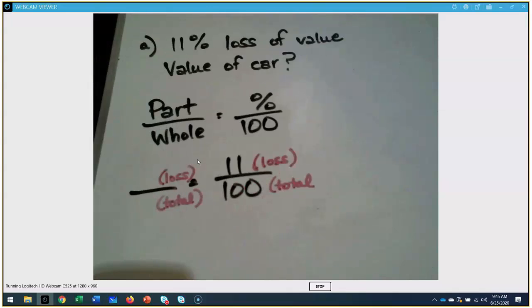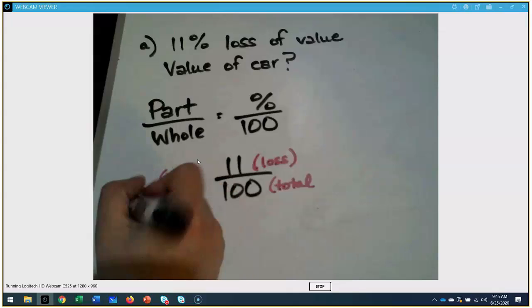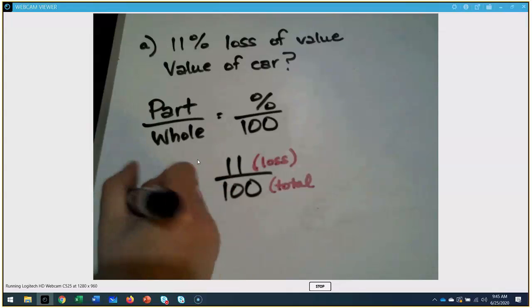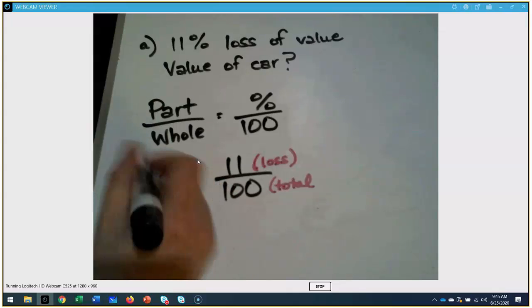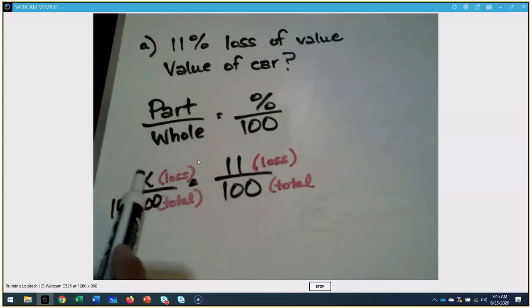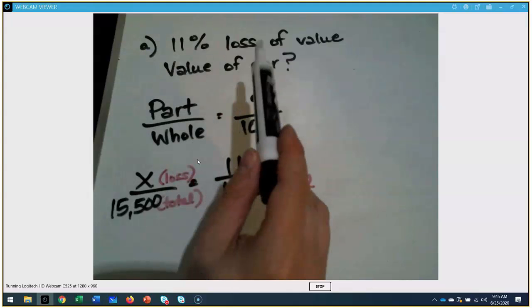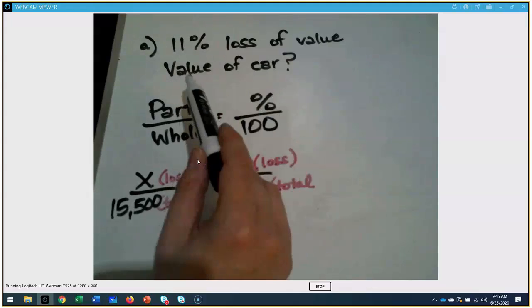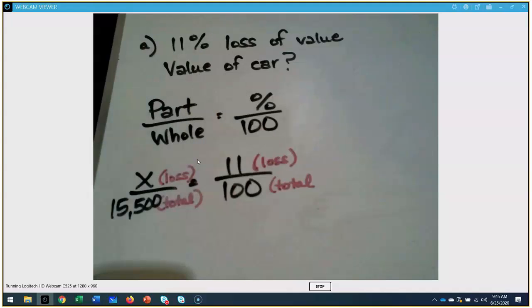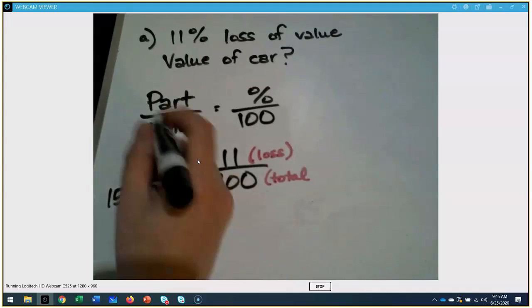When we solve this, we're given the total, and we're going to find out how much money the car is going to lose. It is not going to tell us the value of the car. We're going to have to do a separate step to figure out what the car is worth afterwards. So let's see what we get first.